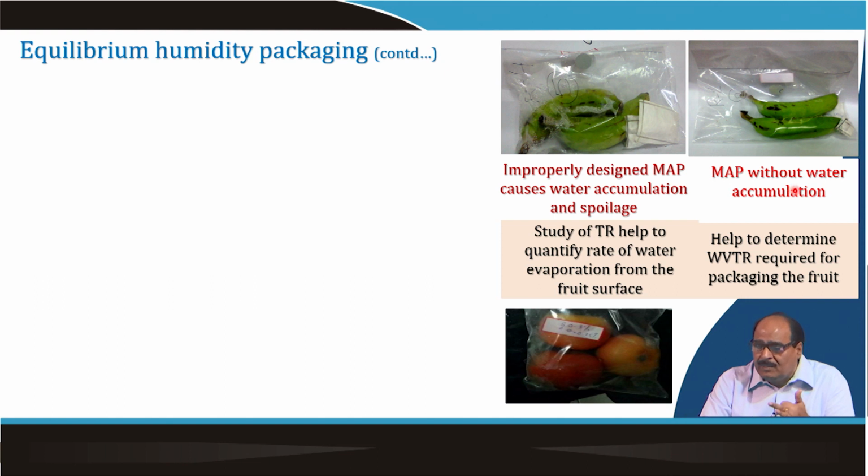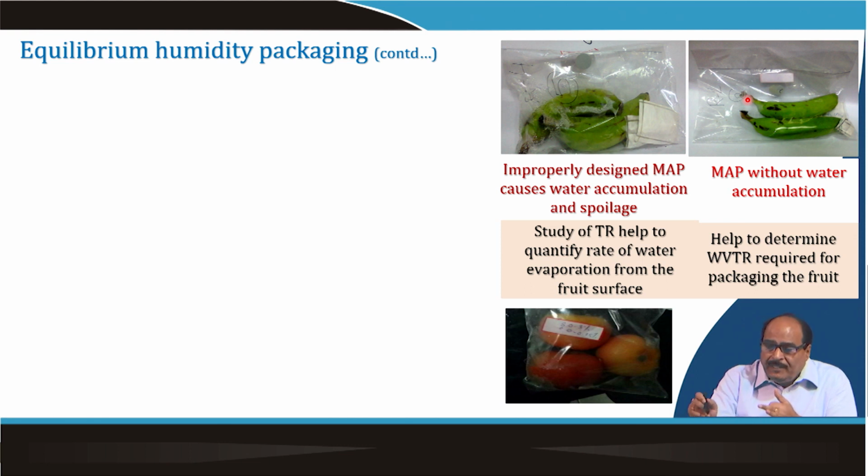Where the modified atmosphere is maintained properly, that is, the gaseous composition, and scavengers, etc., are properly used. Then, the study of the rate of transpiration, TR, helps to quantify the rate of water evaporation from the fruit surface, and also helps to determine the water vapor transmission rate required for the packaging of the fruit.